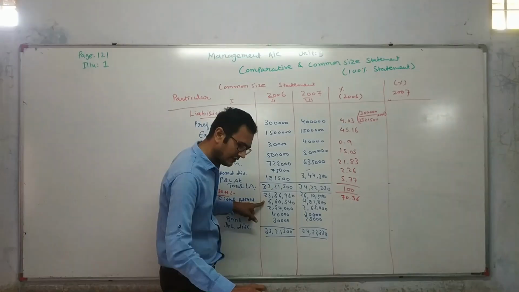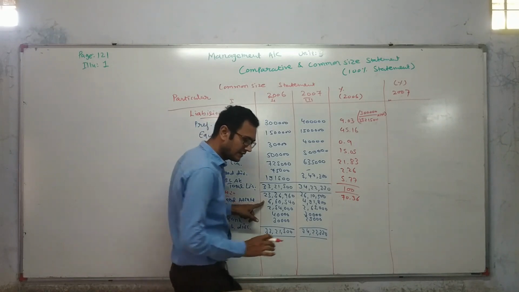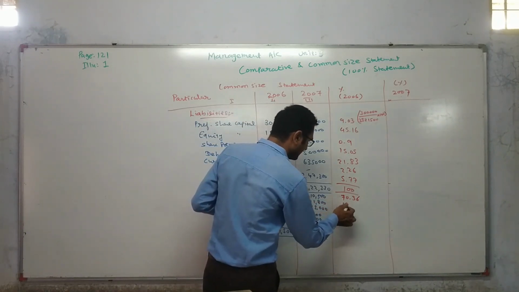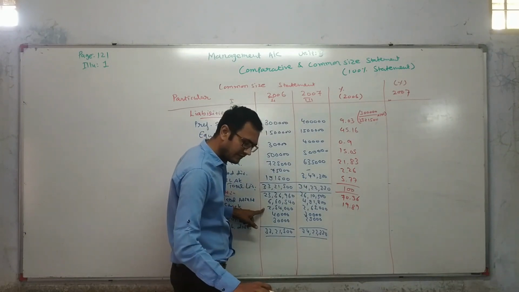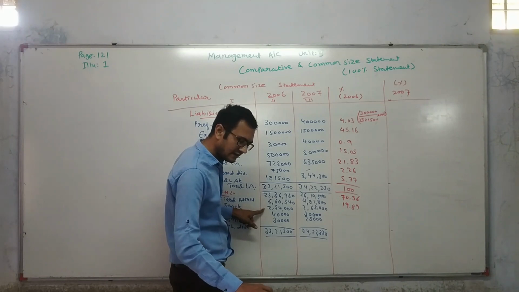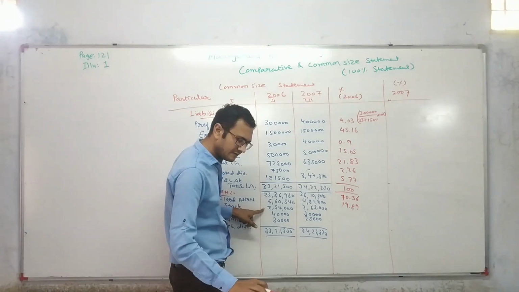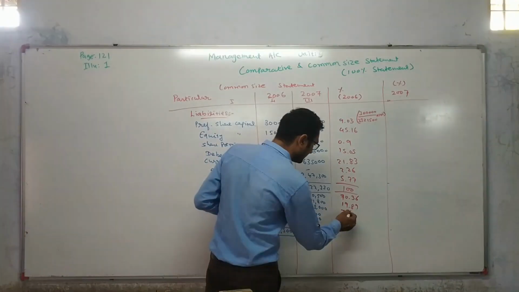Now 6,60,540 divided by 33,21,500 into 100. So 19.89%. And 2,54,000 divided by 33,21,500 into 100. So 7.65%.